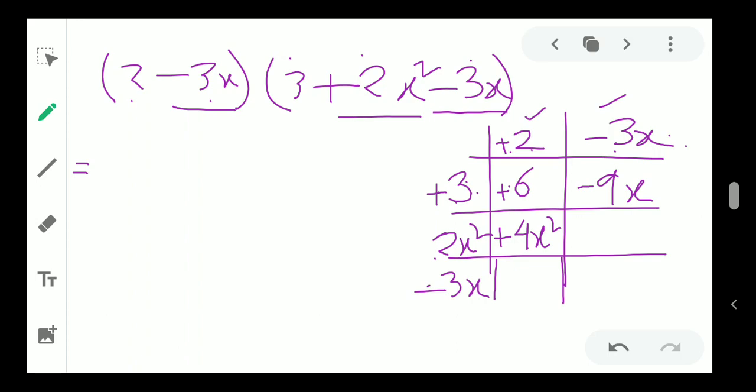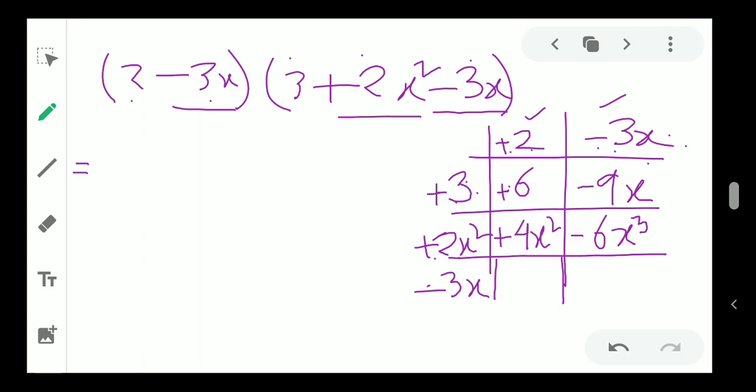Then 2x squared, that means this one and that one, so we will have plus and minus, that is minus, 3 2s are 6, x squared and one more x, so there are 3 x's being multiplied, so x to the power 3.